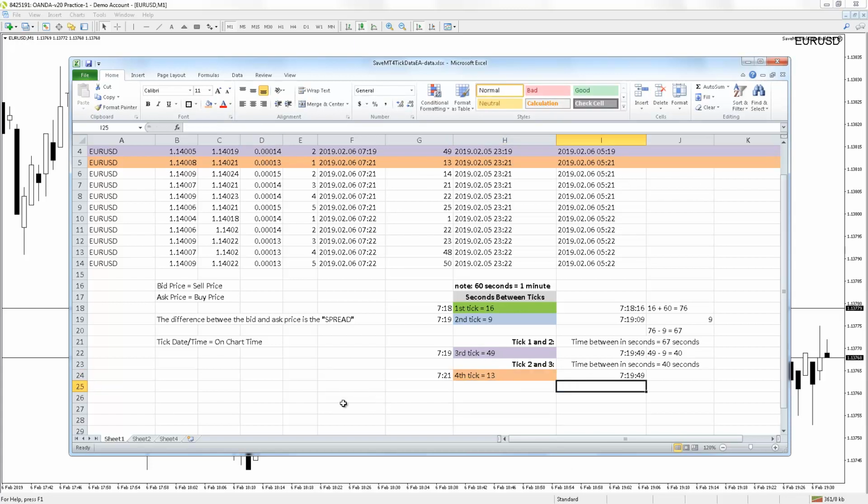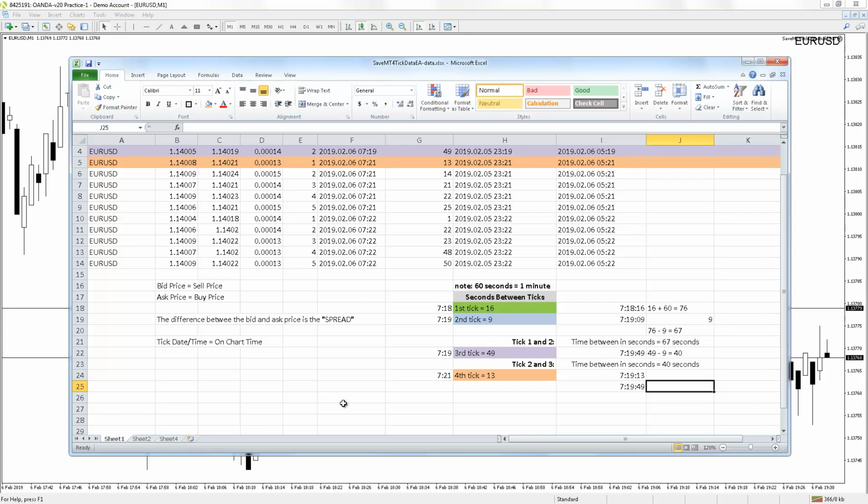Okay. So tick 4 looks like that. So let's break this down. So we have 2 minutes. Okay, so let's go down here. 7/19/49, and we're going to have to change that because we're 2 minutes ahead.